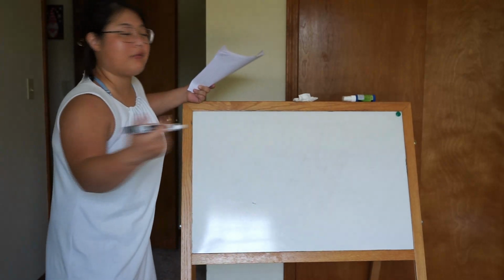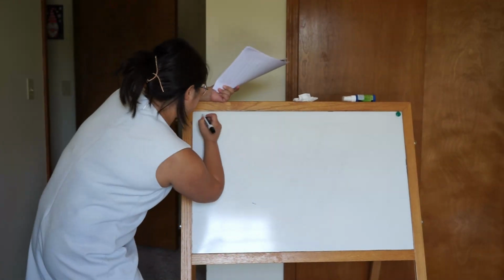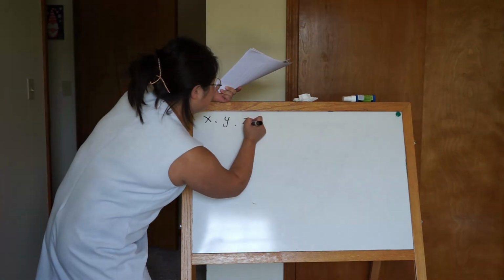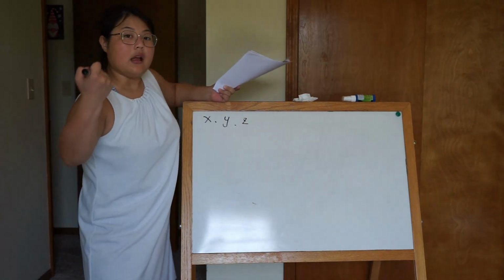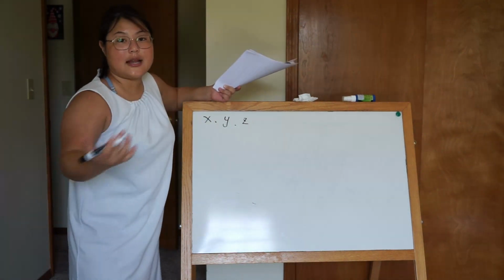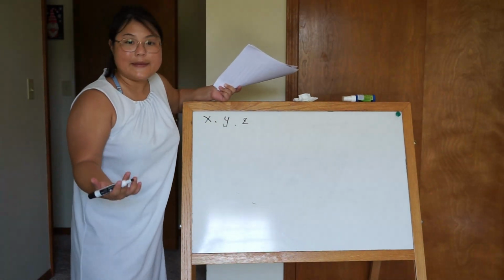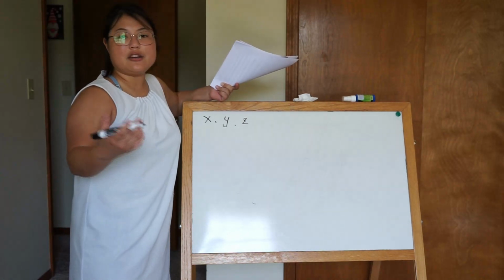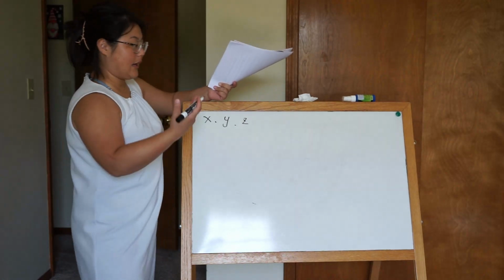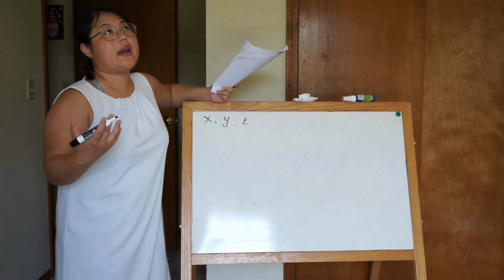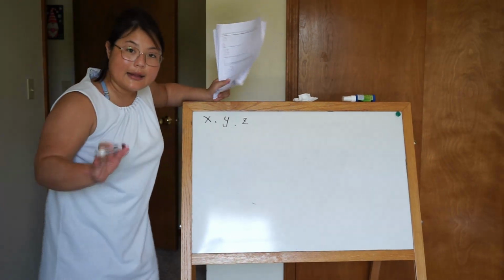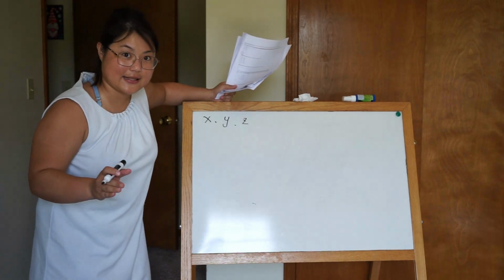Most of the time we will denote by X, Y, Z. You can use any of the alphabet in here, A, B, C, D, E, F, G. In this way, the X, Y, Z can be any number that makes sense.